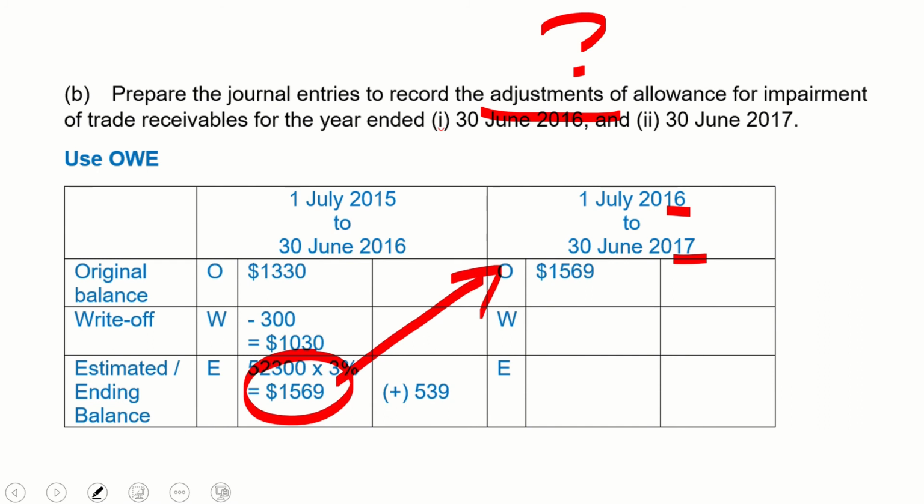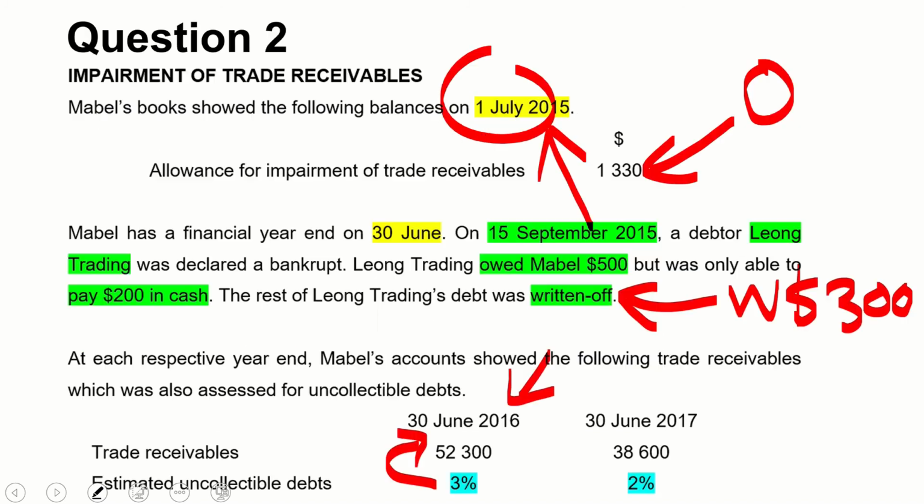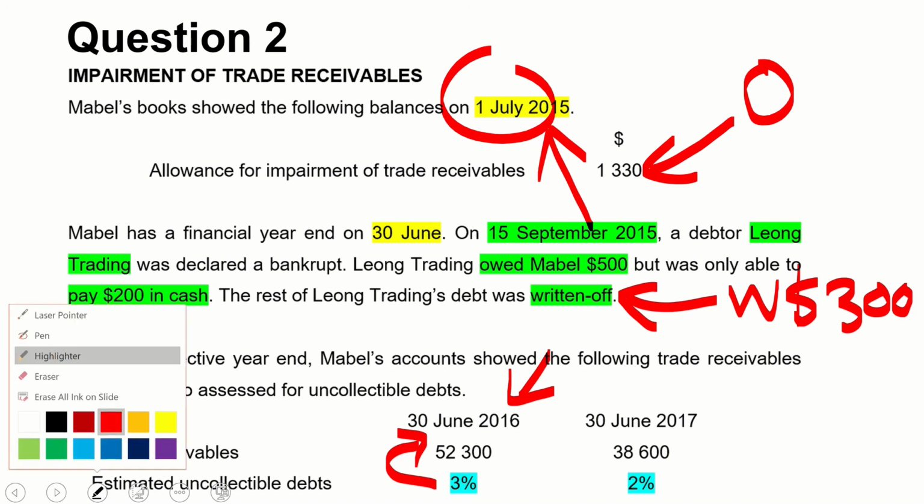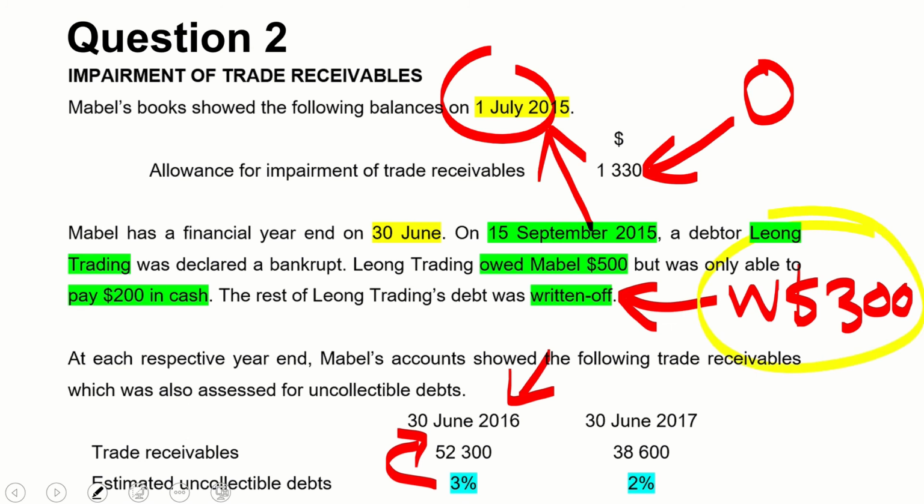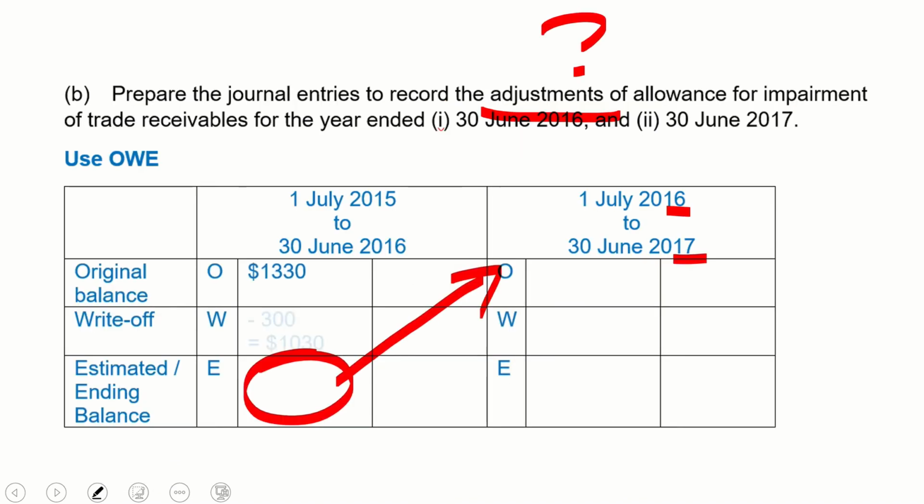What about W? Are there any write-offs in the second year? If you take a look at the question, you will see that there is only one write-off, and there are no write-offs in the second year.